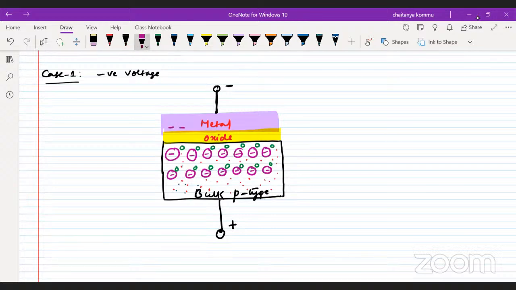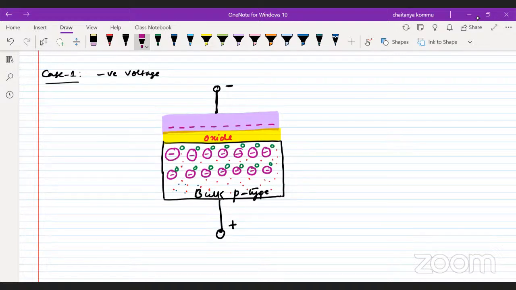The electrons will be the carriers here. So this is the negative charge I am putting on top of the metal, with respect to positive charge at the bottom. So what will happen?